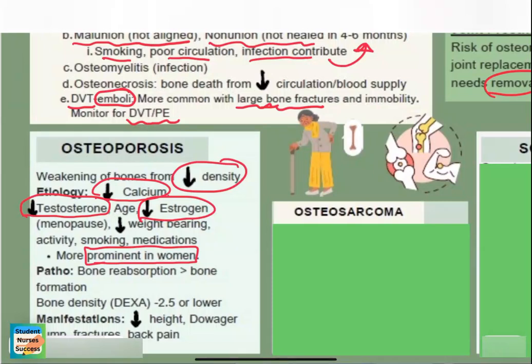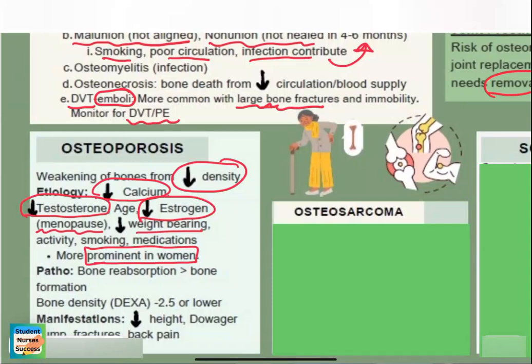The loss of estrogen with menopause generally impacts women a little bit sooner. Men still make some testosterone as they're getting older, although the amounts decrease. We also know that if you have decreased weight bearing status, maybe a sedentary lifestyle, decreased activity, you're not doing strength or resistance types of training, that is also going to increase your risk of osteoporosis.